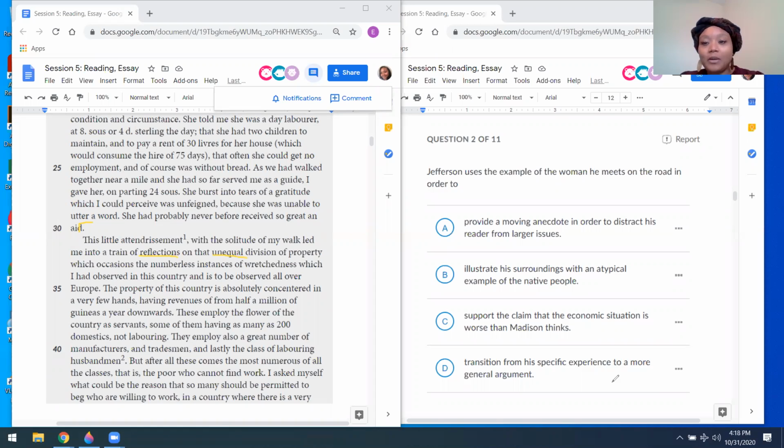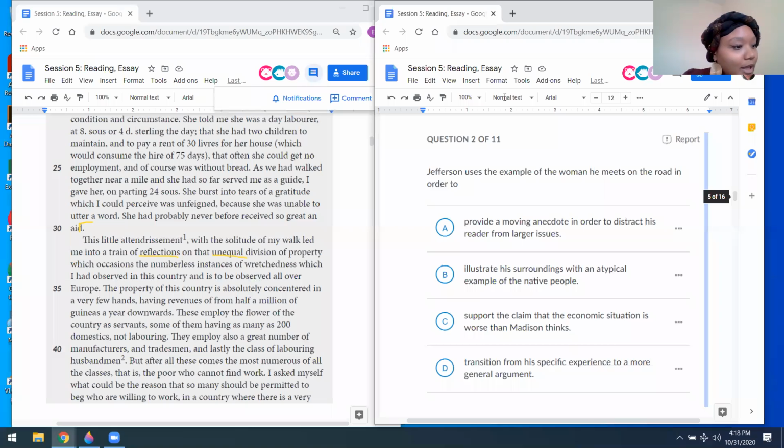Then he broadens it out as he's walking after he parts from her. He reflects on more general issues that she kind of sparked, which is the idea of unequal division of property. So D is correct. Awesome job, BR, in narrowing the choices down. I think you did very well on that.